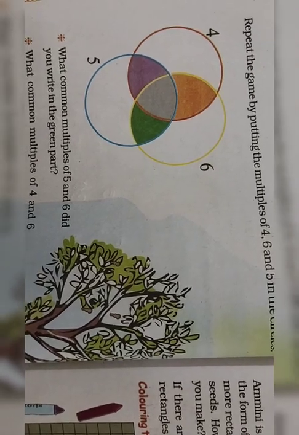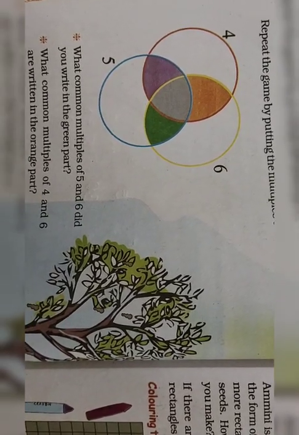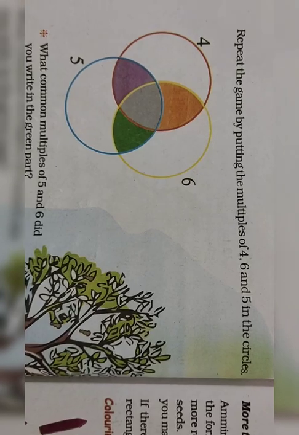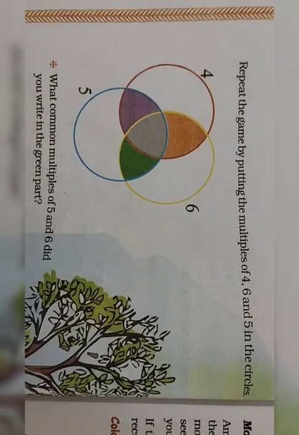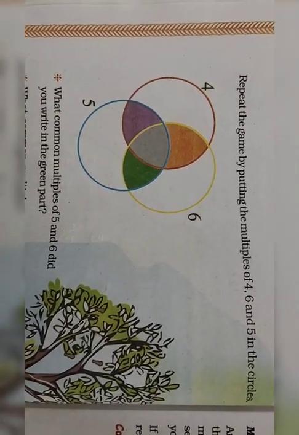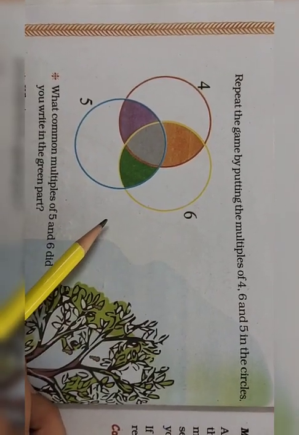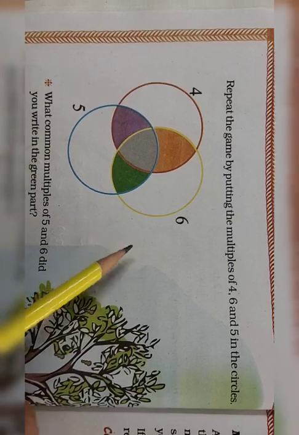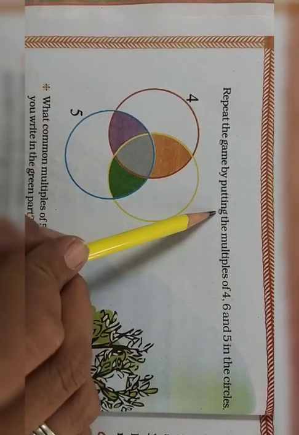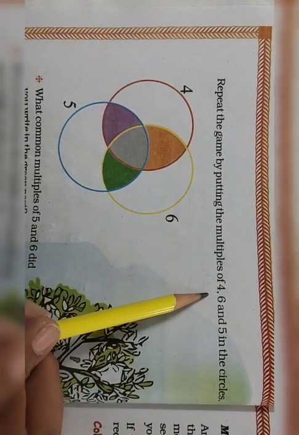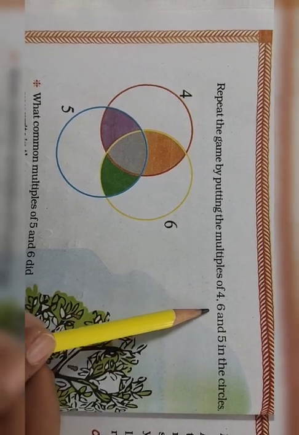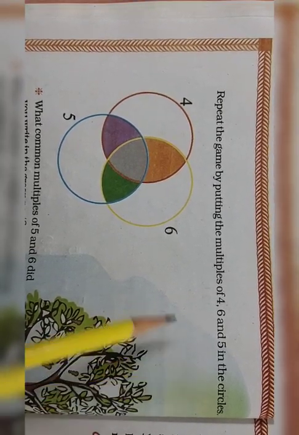Now students, let's see the next sum, which is on page number 92. It is also regarding finding out the common multiples and LCM. Now repeat the game by putting multiples of 4, 6 and 5 in the circles.